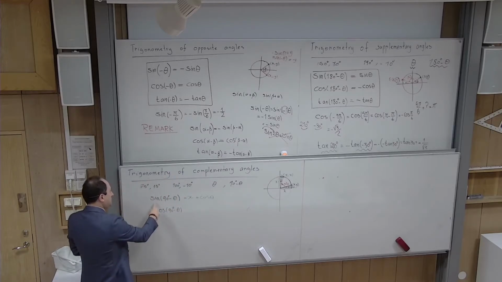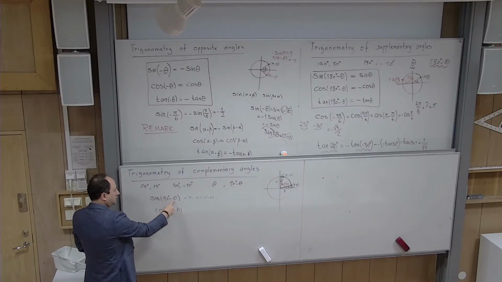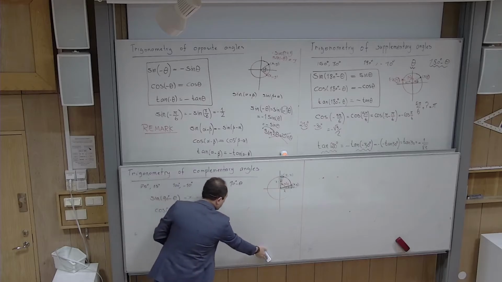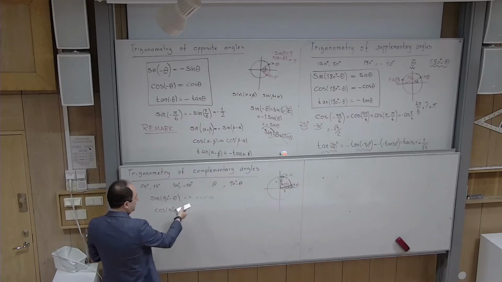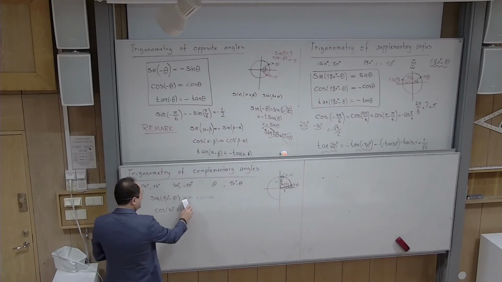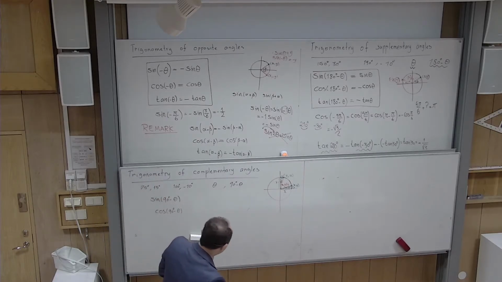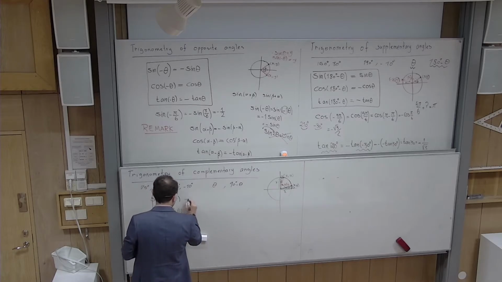So you see that sine of 90 minus theta is not related to sine theta, it is related to cosine theta. And this was for your understanding. I just clean it and write the formula. But why the formula is correct, that was the reason behind that. So this means that sine of 90 minus theta is cosine of theta.